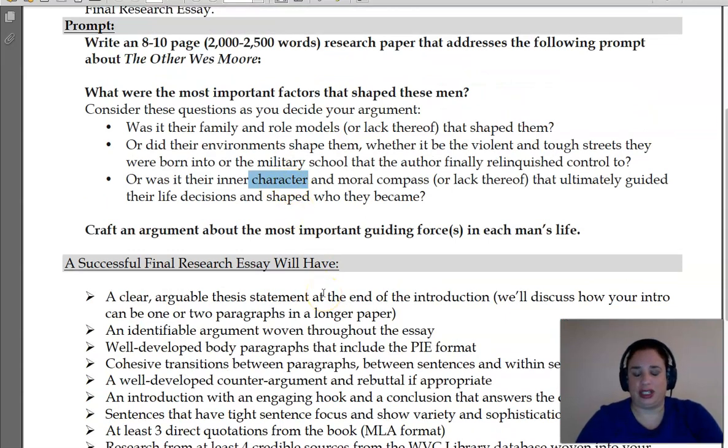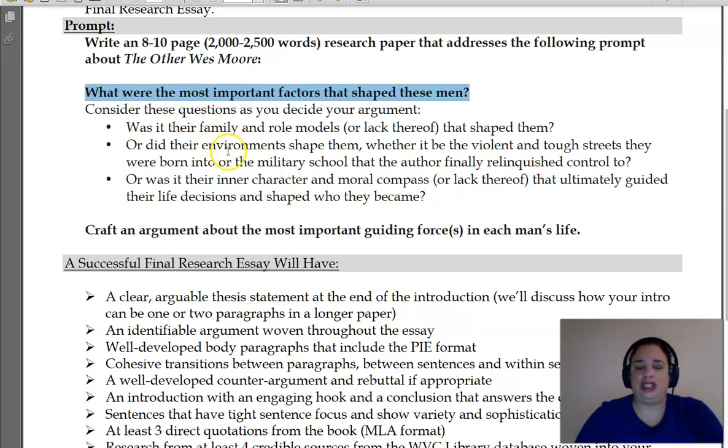We're going to take a look at that in the sample. But as a starting place, you should look at how these factors shape these men. What were the most important factors? Which ones do you want to focus on? So that's your starting point.